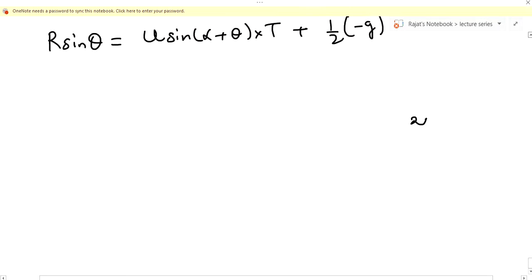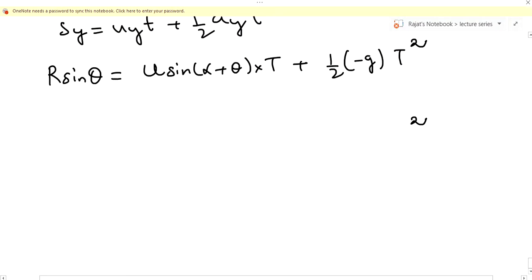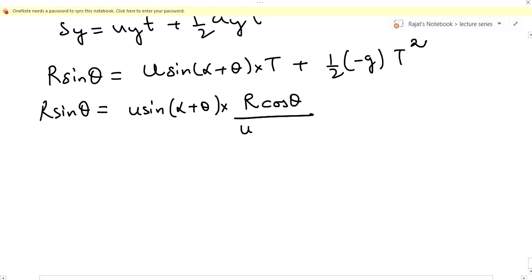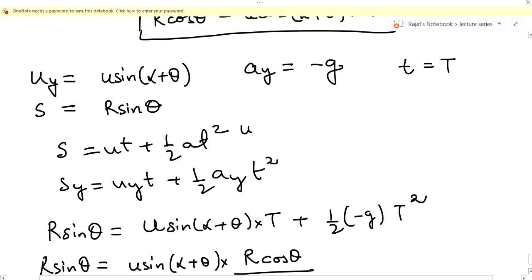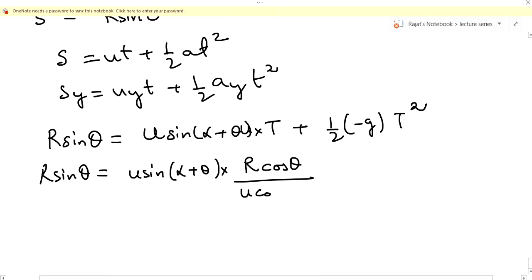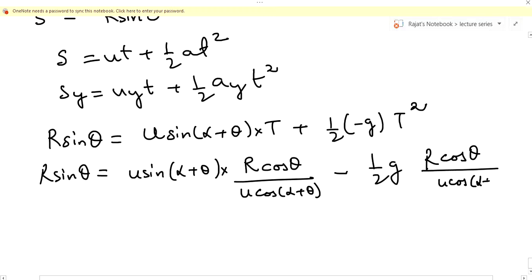I'll get r sin theta is equal to u sin(alpha plus theta) into r cos theta upon u cos(alpha plus theta), minus half g into r cos theta upon u cos(alpha plus theta) whole square.